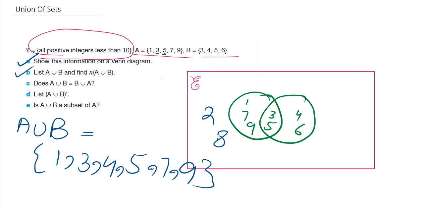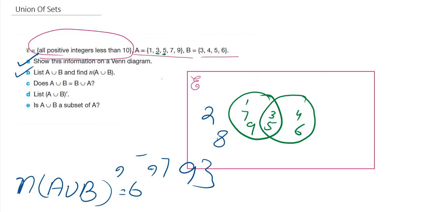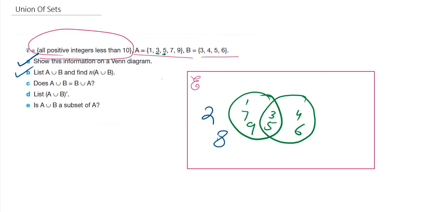So I hope these are all of the elements that are present in A and B. So the number of elements in A union B will be 6. So this is part B. This A union B is equal to B union A. Yeah, that's obvious that they satisfy this condition.